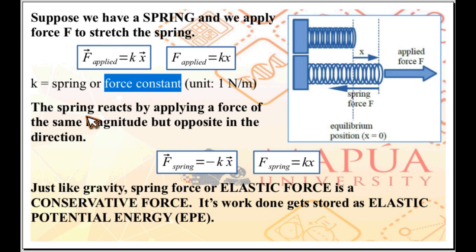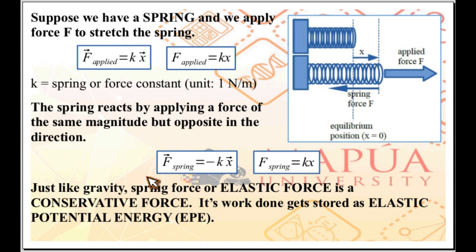Now, the spring will react by applying a force of its own. Third law of motion: for every action, there is an equal but opposite reaction. So the spring will react by applying force F spring, same magnitude as the applied force, but opposite in direction.